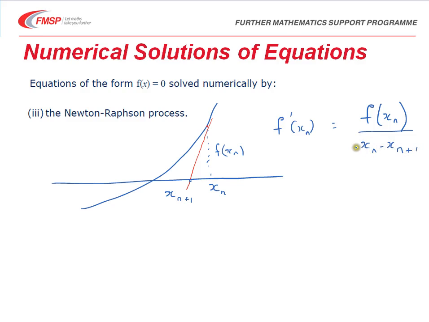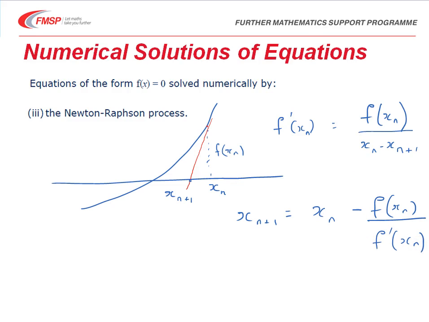So that's the method. It looks at using the tangent and rearranging that. Xn plus 1 is equal to xn minus f of xn divided by f dashed xn. So those are the three methods.